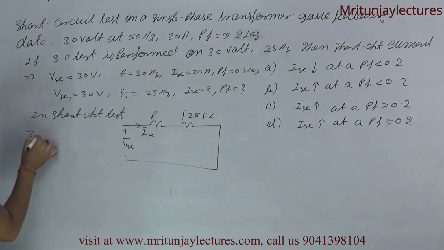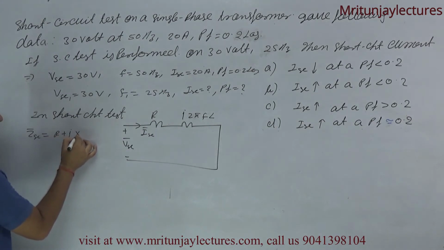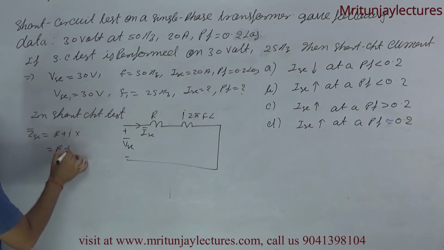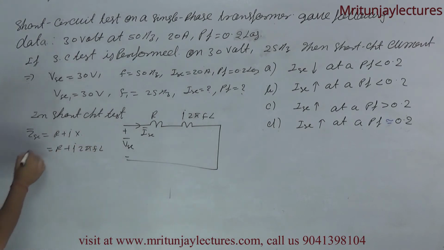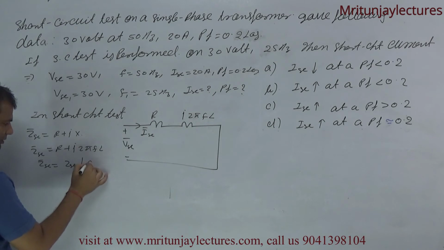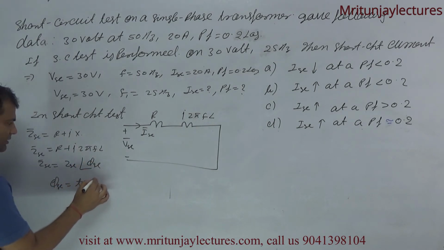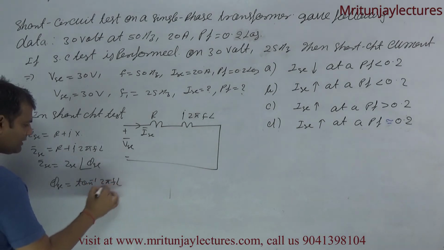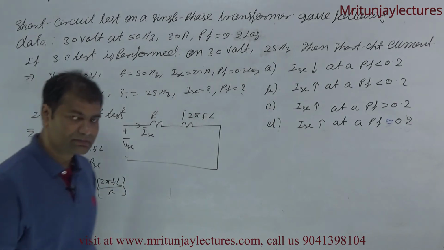ZSC is written as R plus jX, or R plus j 2 pi F into L. So ZSC is also written as ZSC at the angle phi SC, where phi SC is tan inverse of 2 pi F into L divided by R. Is that clear?